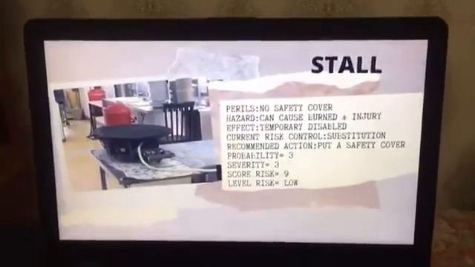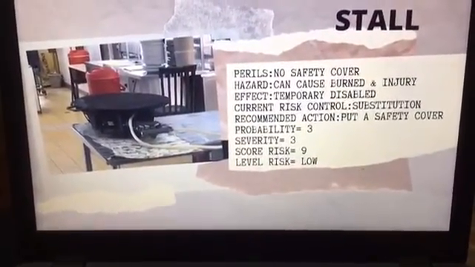We move on to the next peril and hazard. The peril is no safety cover, and the hazard is that it can cause burns and injury. The effect is temporary disability to the customer. The current risk control is substitution, where the cafe owner replaces a hazardous work practice with a less risky one, so maybe they can put up sign tape or caution tape to keep customers from getting injured.